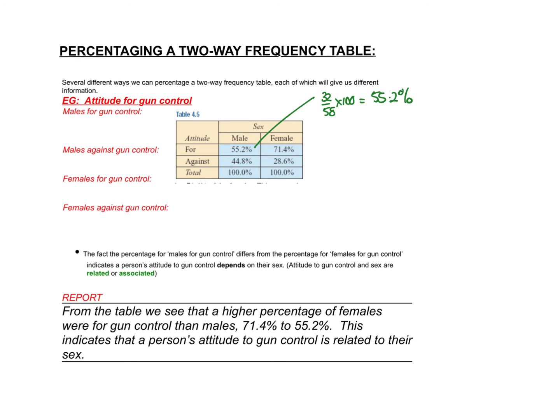Okay, so now when we look at the data, we can see that for gun control, 55% of males were for gun control and 71% of females were for gun control. Now, because there's a considerable difference, they differ, or there's a change, we say that there is an association between the two variables.